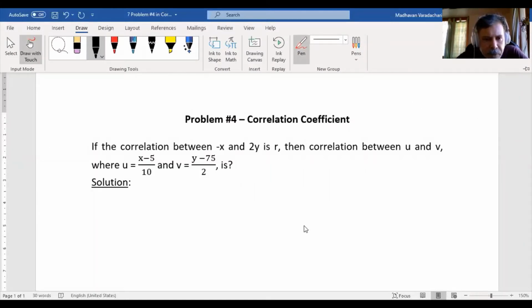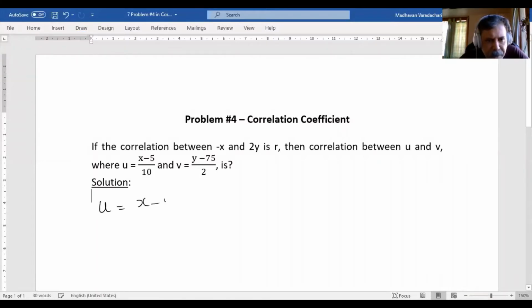First of all, let us say u is given as (x minus 5) by 10, whereas here it is given as negative x. That means I need a negative sign for this x. If I have to bring negative x, then I have to multiply both numerator and denominator by minus 1. So let us do that.